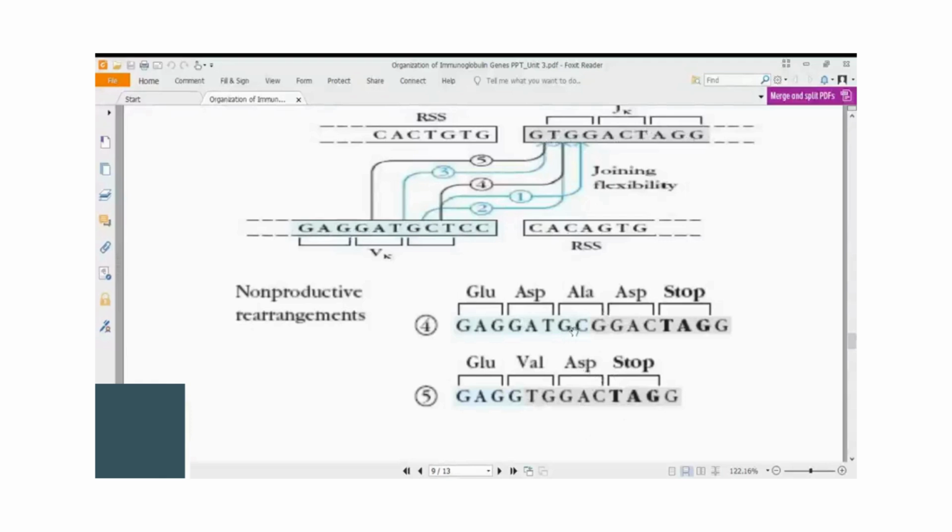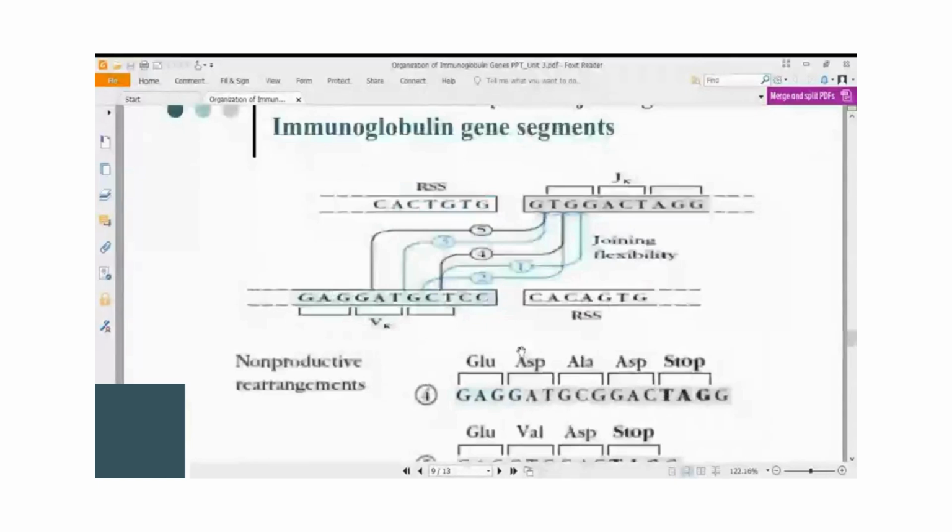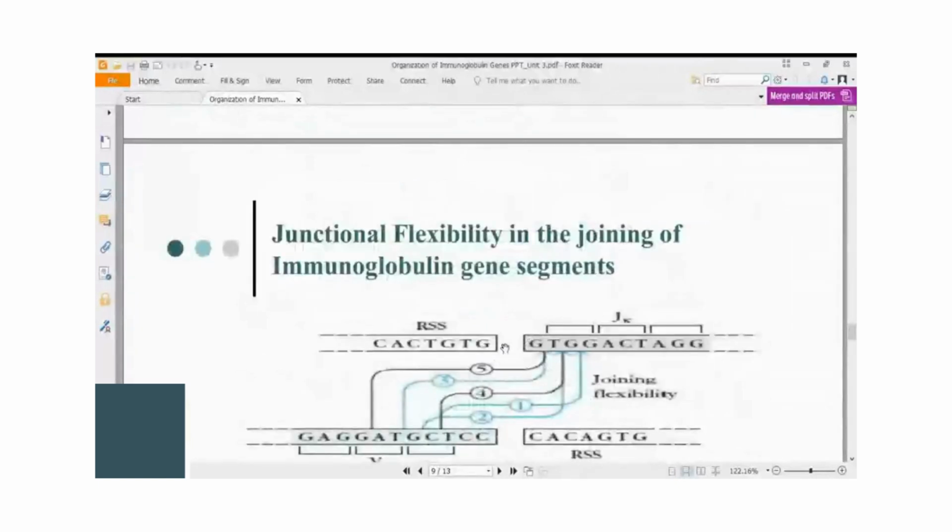Once again, these two are aborted sequences, meaning they are aborted protein productions. This protein is not going to be complete. This is not going to be productive. So that is how the recombination has taken place in the same sequence of the nitrogenous base in different formats.